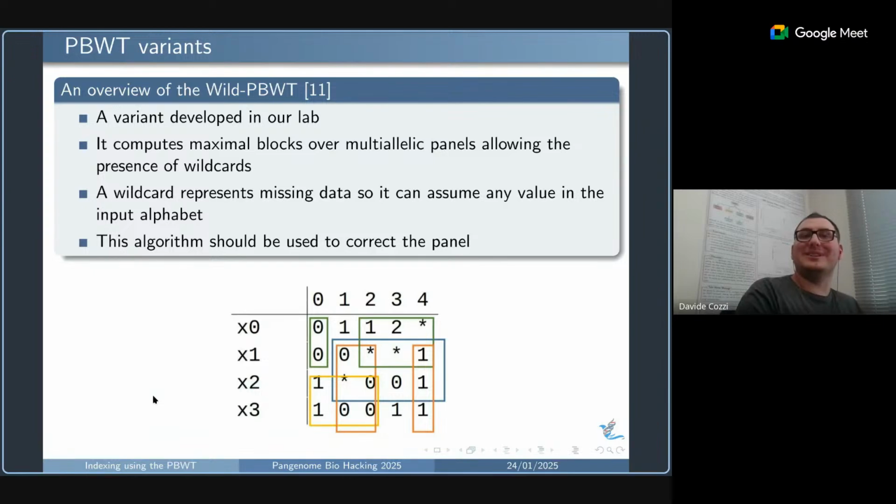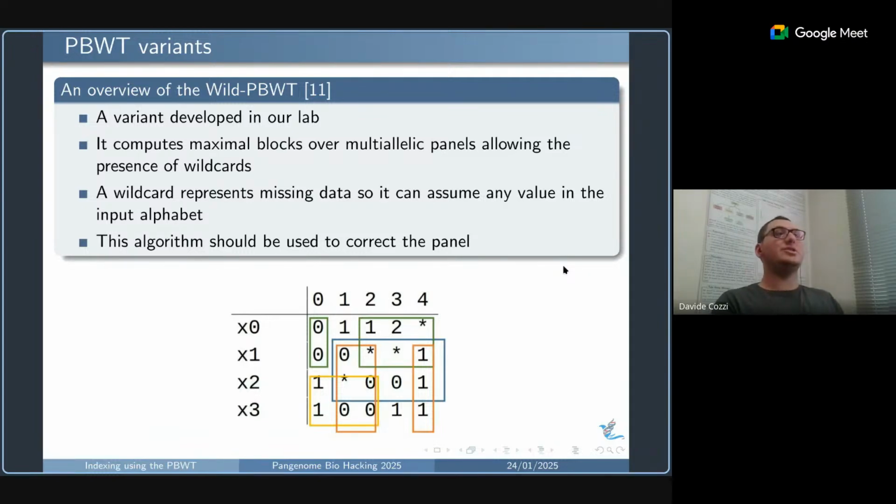Now a sort of sponsor for our laboratory, because this is the wild PBWT developed by another PhD student in our lab. In this case, the project is focused on finding maximal blocks in panels with errors or with missing data, represented here in the example with a star. The star is a sort of wildcard. It can be anything.